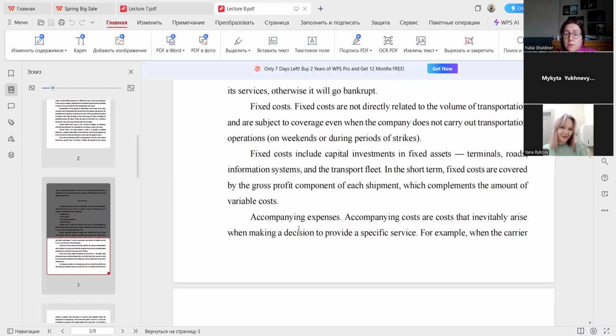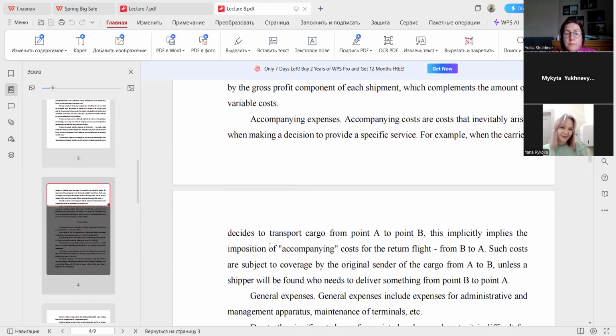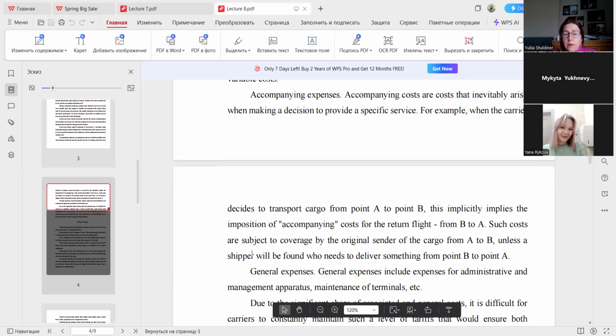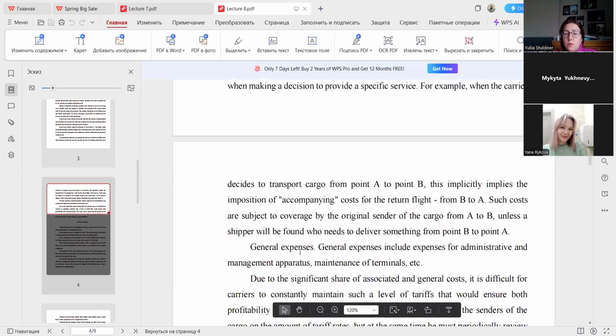For example, when the carrier decides to transport cargo from point A to point B, this implicitly implies the imposition of accompanying cost for the return flight from B to A. Such costs are subject to coverage by the original sender of the cargo from A to B, unless a cheaper option is found, someone who needs to deliver something from point B to point A.